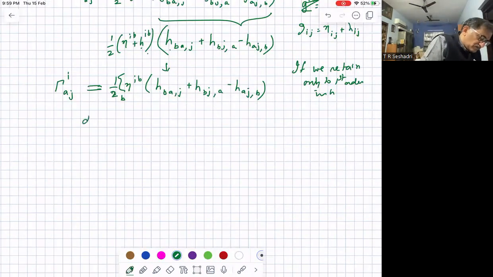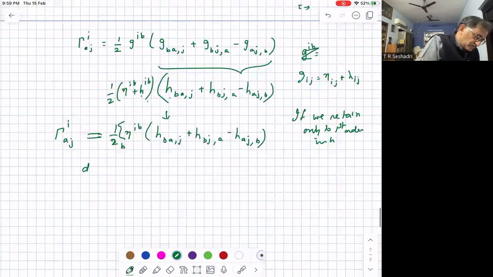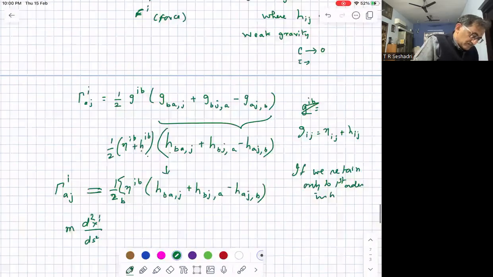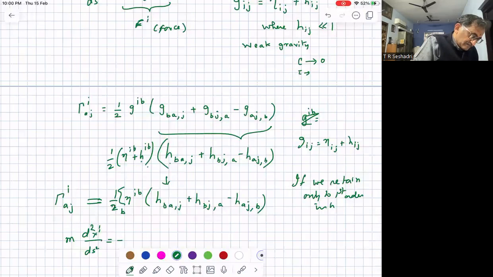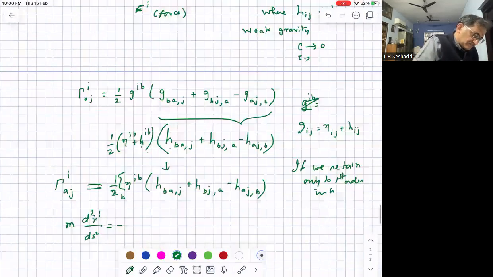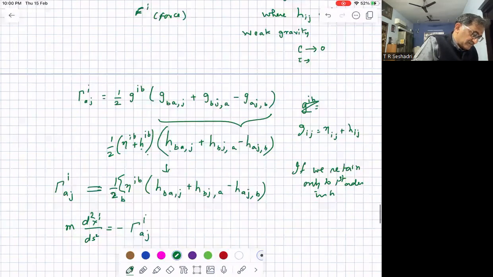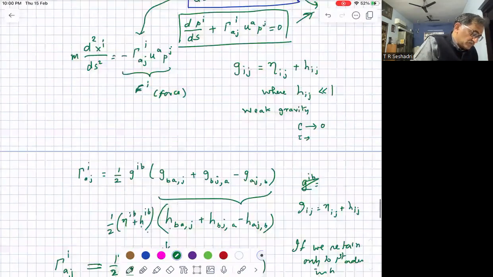Now I go back to my original thing which I wanted to do: m d²x^i/ds² is equal to minus Γ^i_{aj} u^a.